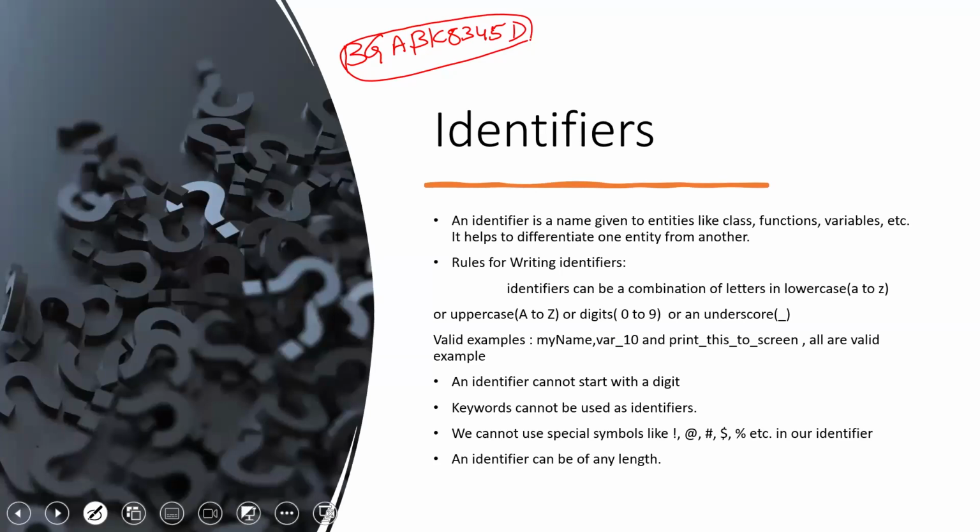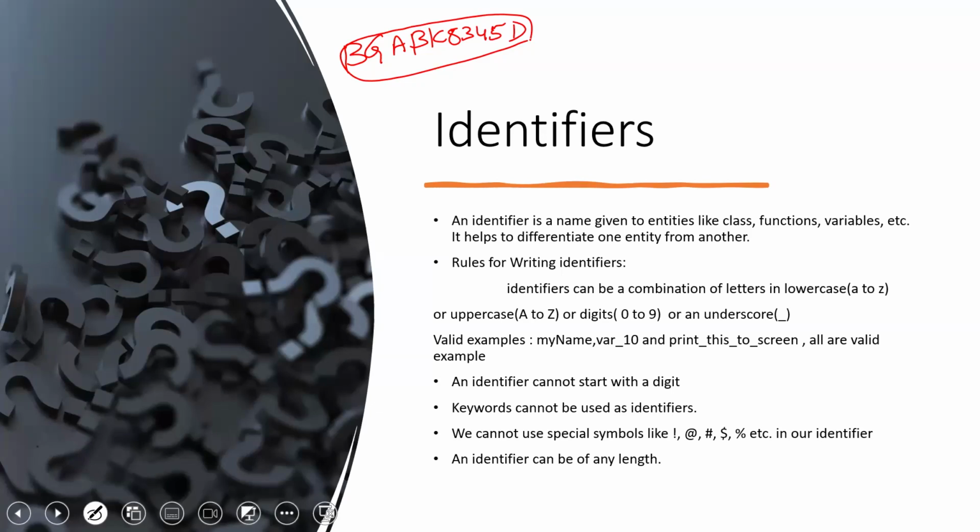It must start with certain letters, and in the middle there are four numbers. To create a PAN card number, they follow a set of rules. Similarly, while creating variable names, we must follow a set of rules.